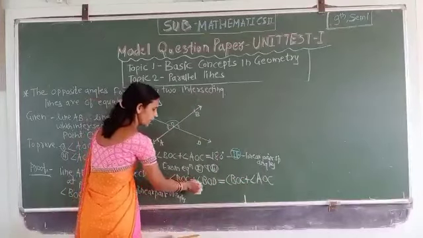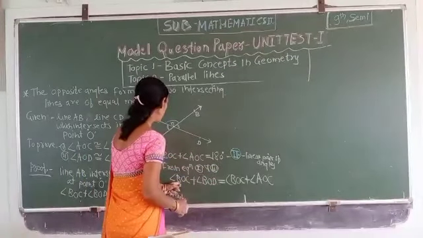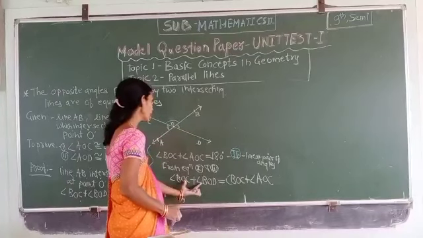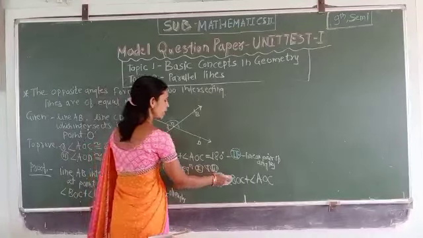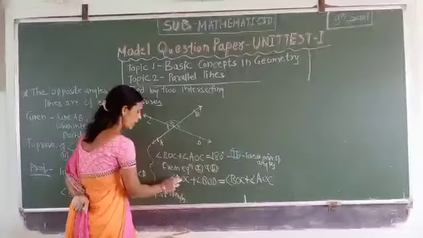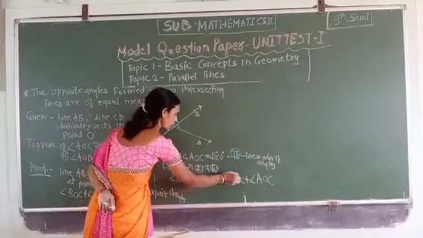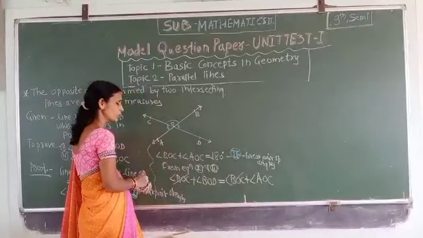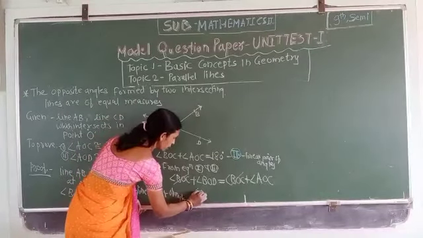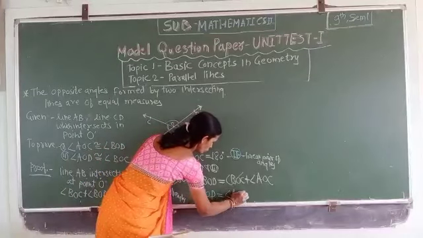In this equation angle BOC is common, therefore it gets cancelled. The remaining is angle BOD equals angle AOC.